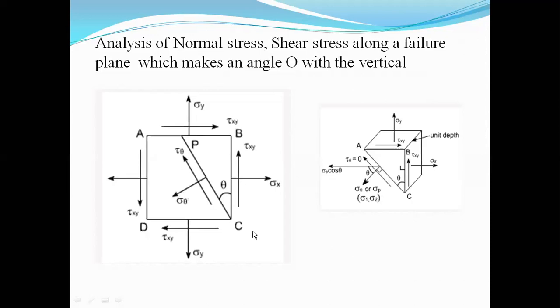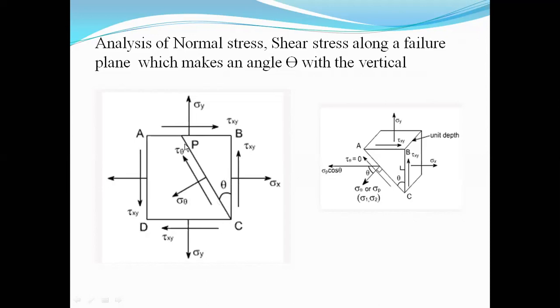I repeat, in a 2D block, sigma x and sigma y are the normal stresses acting on the planes, and tau xy and tau yx are the corresponding shear stresses. Assume there is a failure plane P which makes an angle of theta with the vertical.